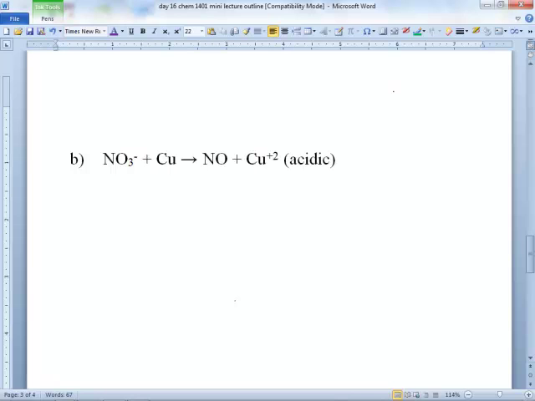Okay, you have to see how many O's are on this side and how many O's are on this side. If you have the same number of O's on both sides, there's nothing to do. But here you have 3 O's. Well, only 2. 2 H2O's.